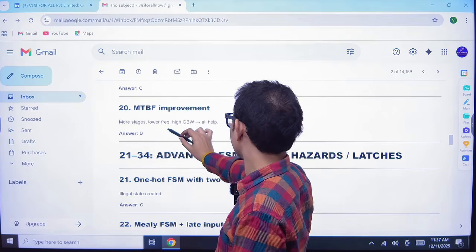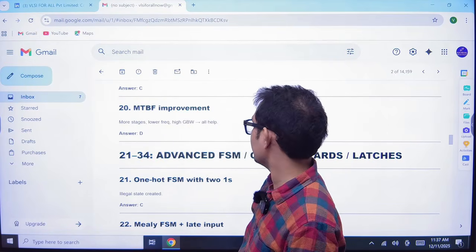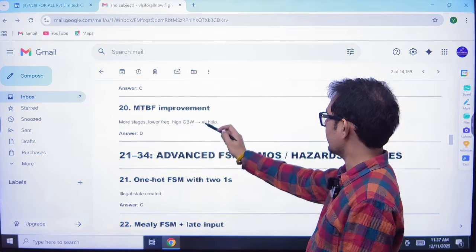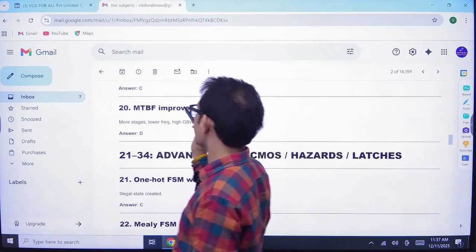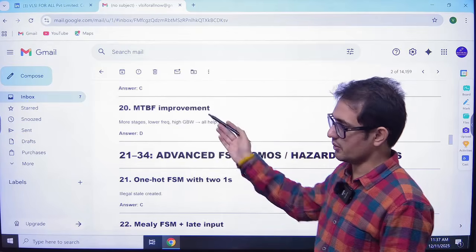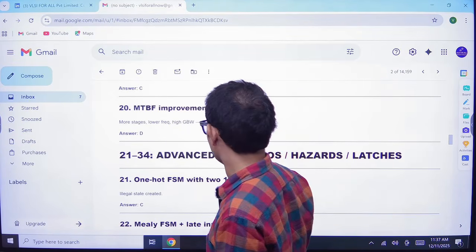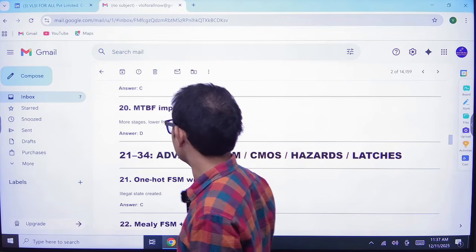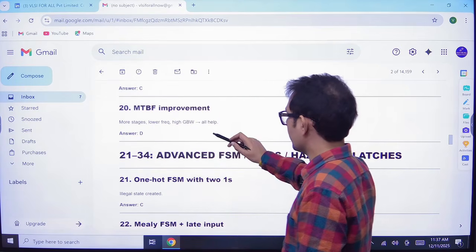More stages, low frequency, high gain bandwidth, all will help to improve the MTBF. You can learn about MTBF also. This is part of metastability, right? There is a formula also where you can calculate the MTBF, right?